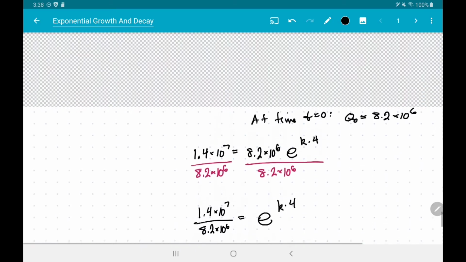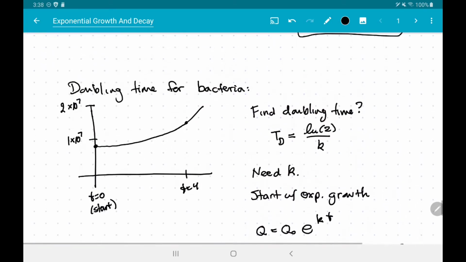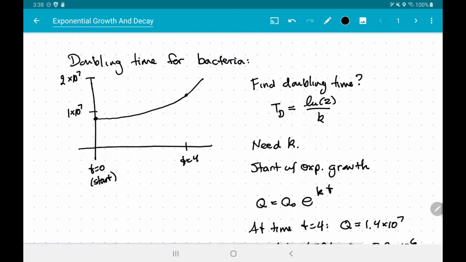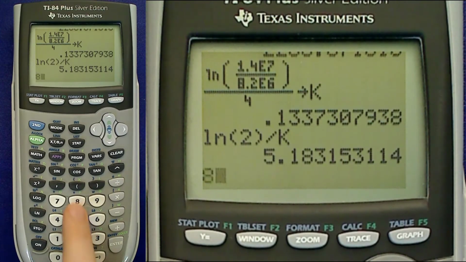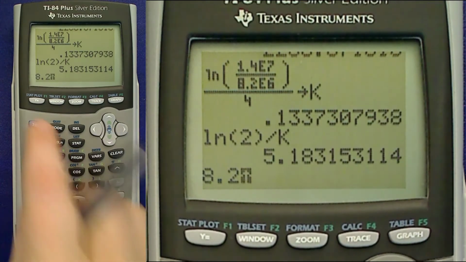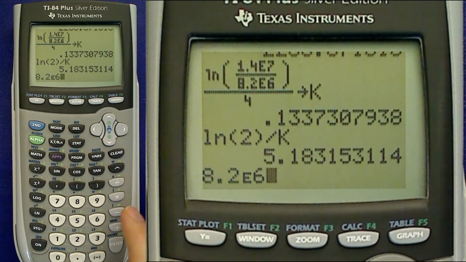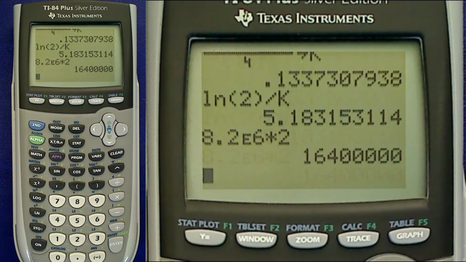A way to sort of check this, give sort of a back of the napkin calculation, is that if you start with 8.2 times 10 to the 6th, and you double it, okay, so 8.2 times 10 to the 6th, and I multiply by 2, well, we're going to have to count here.